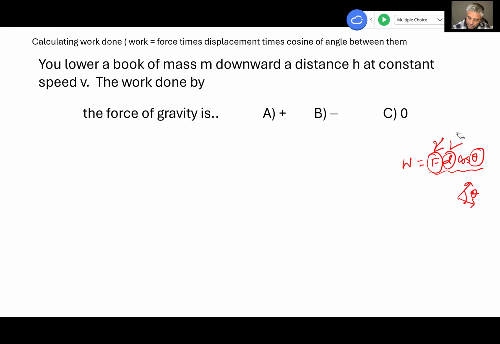Okay? So with that said, I'm opening the poll, and you have 1 minute and 30 seconds. So go ahead, draw F and D for this particular case. Figure out the angle and use the formula.